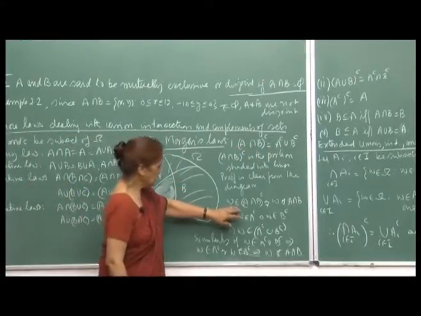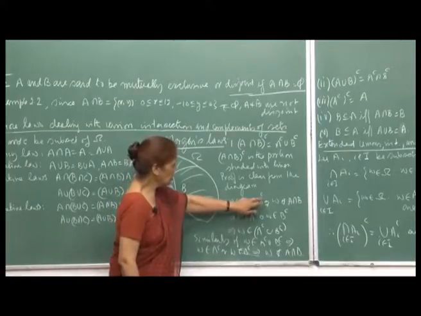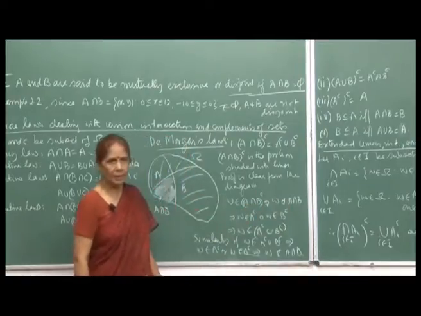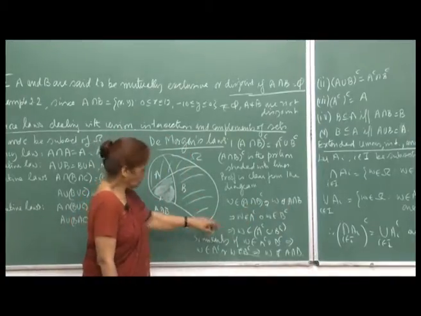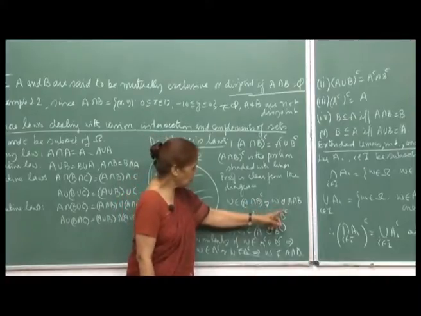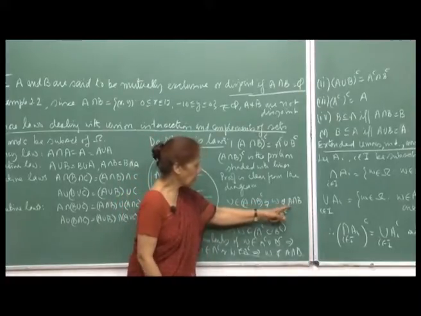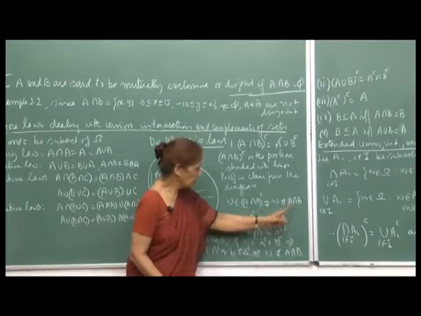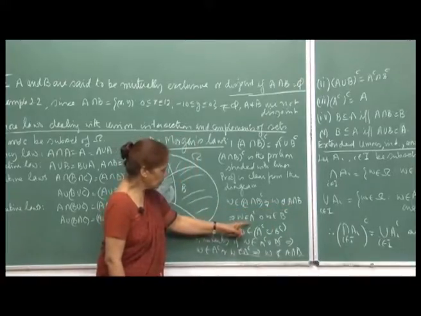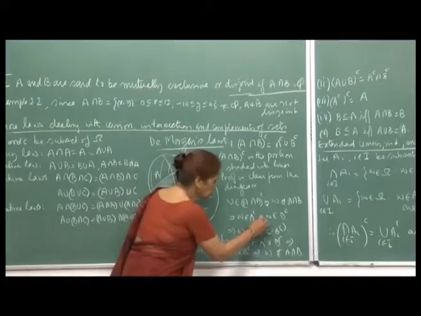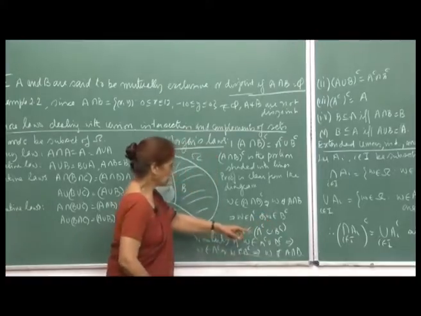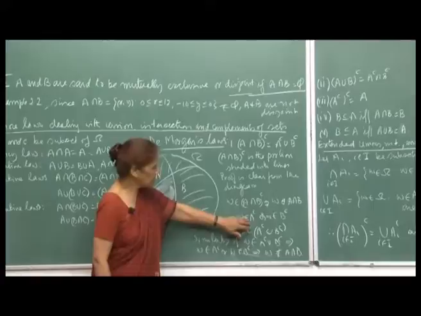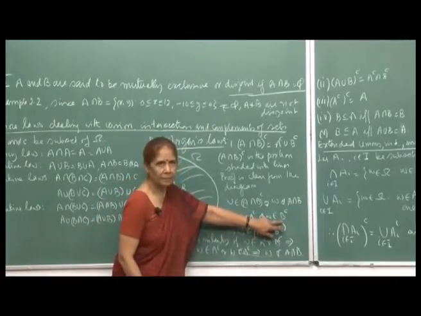See, what we are saying is that if omega belongs to A intersection B complement, this implies that omega does not belong to A intersection B, right, which means that omega should not belong to at least one of them, because if omega belongs to both A and B, then omega will belong to A intersection B. So, since omega does not belong to A intersection B, this implies that omega belongs to A complement or omega belongs to B complement, right.